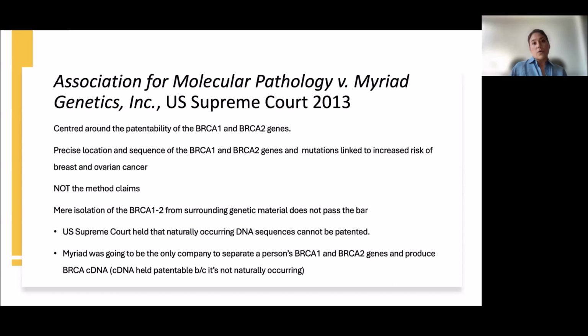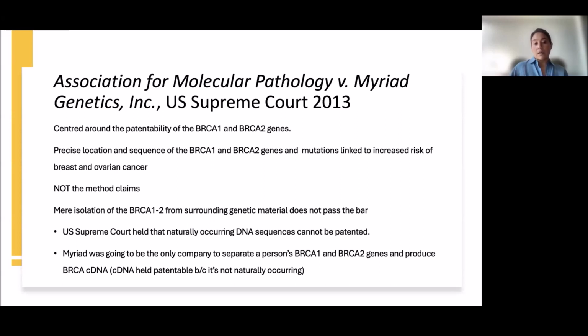And I would like to draw your attention here: since it was a product claim, if the patent were not invalidated by the Supreme Court of the US, Myriad Company was going to be the only company to separate a woman's BRCA1 and 2 genes and produce the cDNA, although cDNA was held not patentable because it's synthetically created, so it wasn't part of the product of nature.